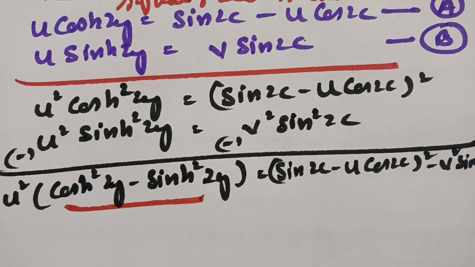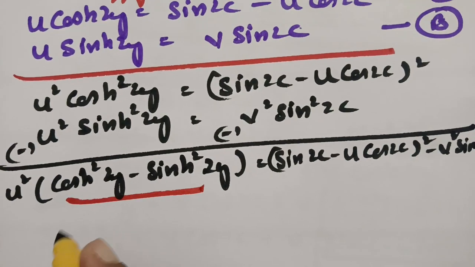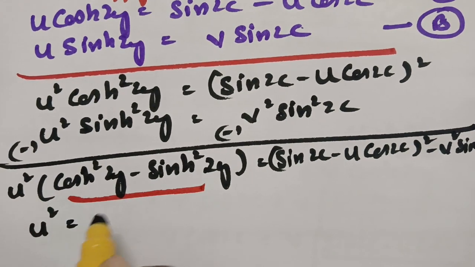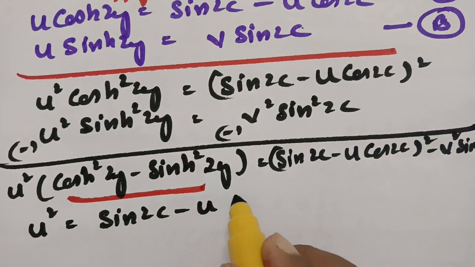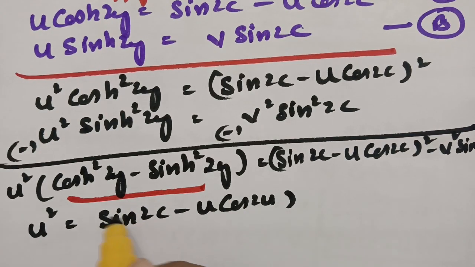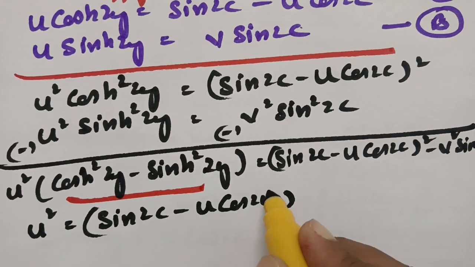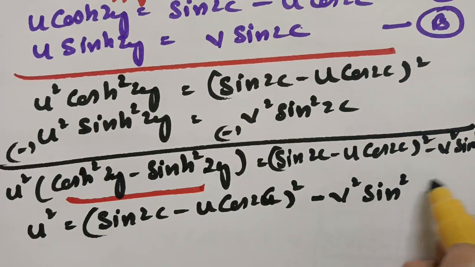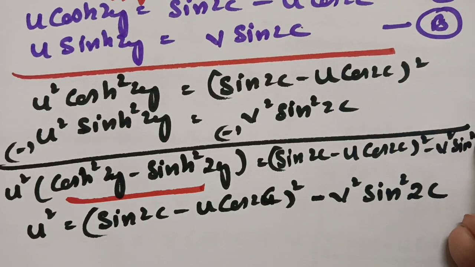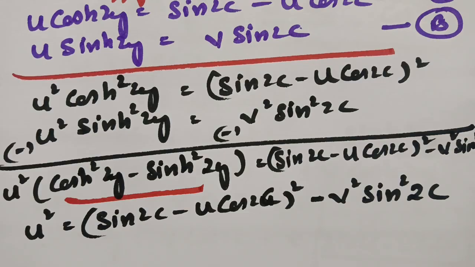So now this is going to become 1 is equal to (a sine 2c minus u cos 2c) whole square minus v square sine square 2c. Now I am going to expand this one.